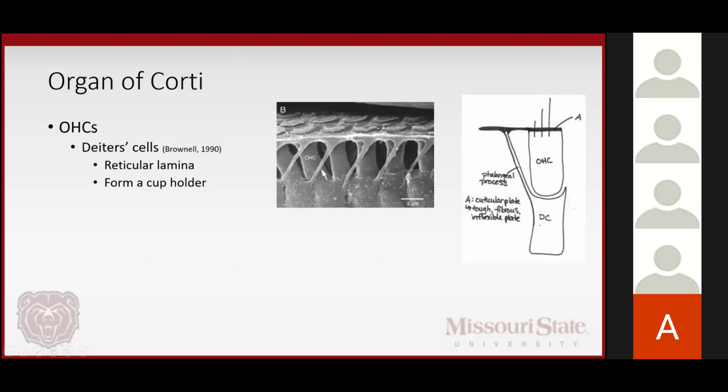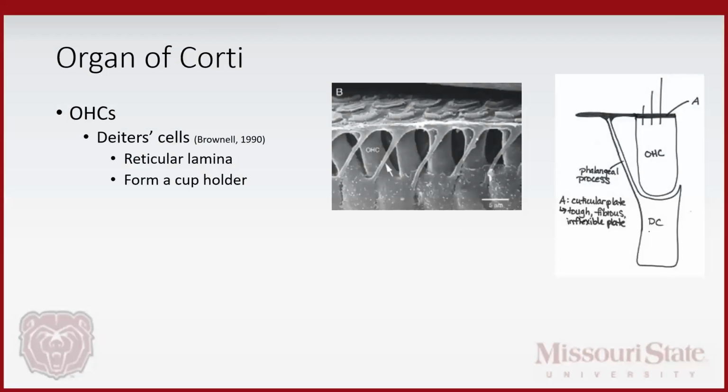Still continuing talking about the structure of the outer hair cells. The outer hair cells are supported by one of those supporting cells called the Deiters cells. Those Deiters cells, in this image over here, form something like a cup holder.